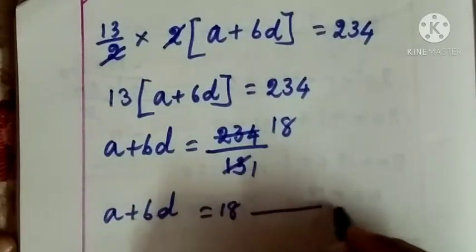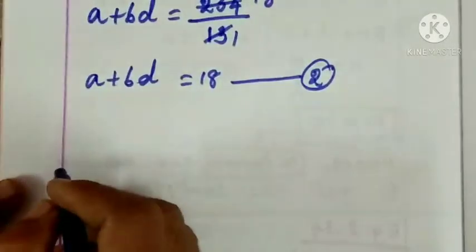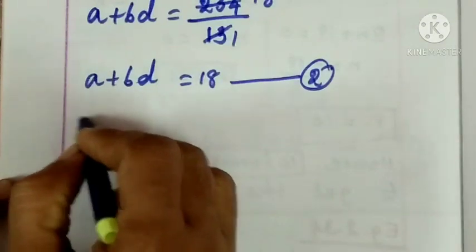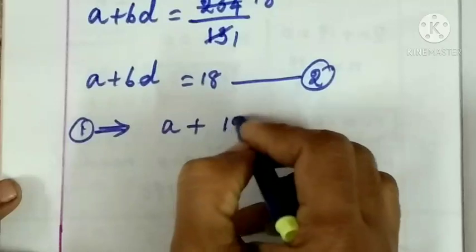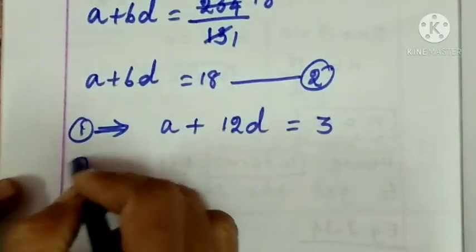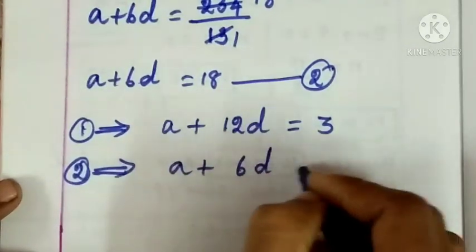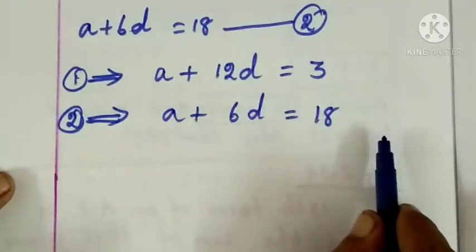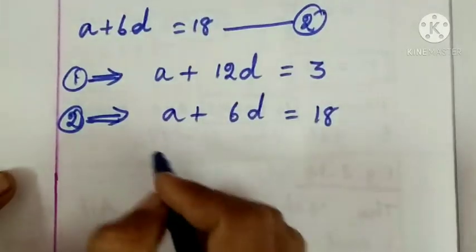So let us assume this as the second equation. Now you have to take down and write the first equation, that is a plus 12d is equal to 3, and second equation a plus 6d is equal to 18. By using the elimination method, we have to find the value of a and d.